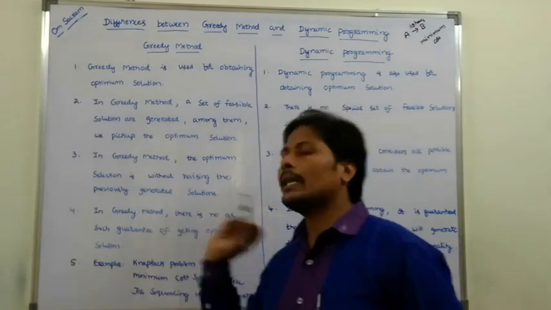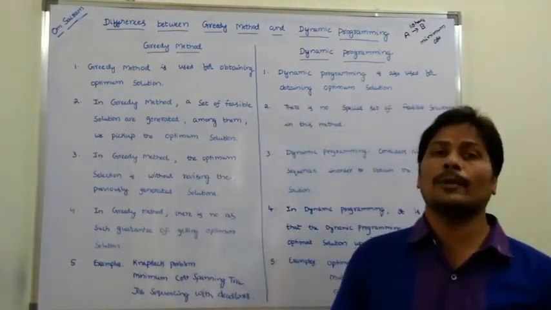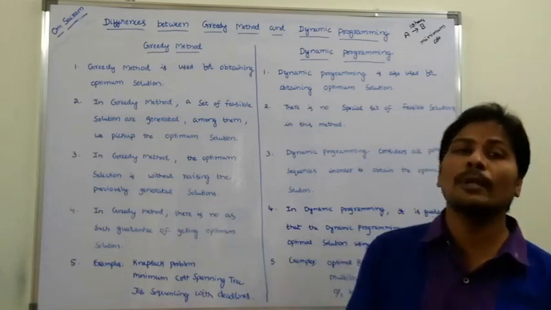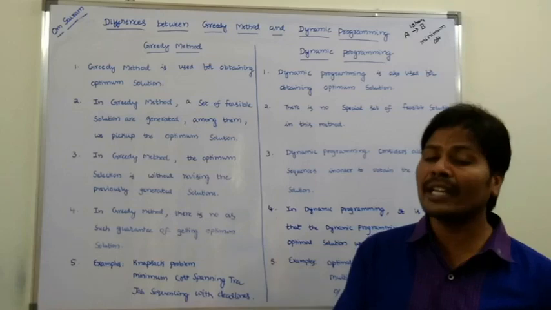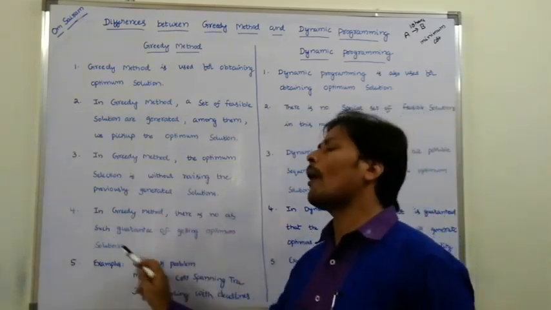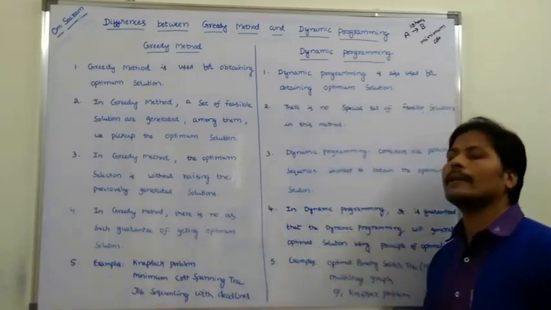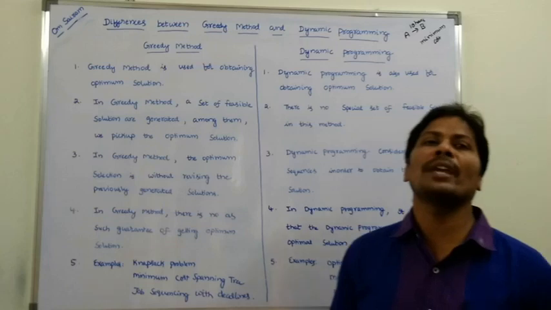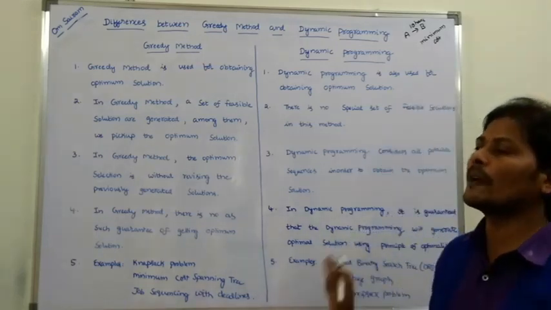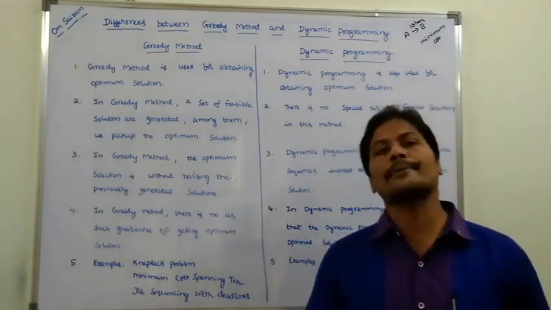Next, in the greedy method, there is no guarantee of getting the optimal solution. Some problems may get the optimal solutions, some may not, because the principle of optimality is not used. But in dynamic programming, we use the principle of optimality, and because of this principle, we can guaranteedly say that we get the optimal solution.